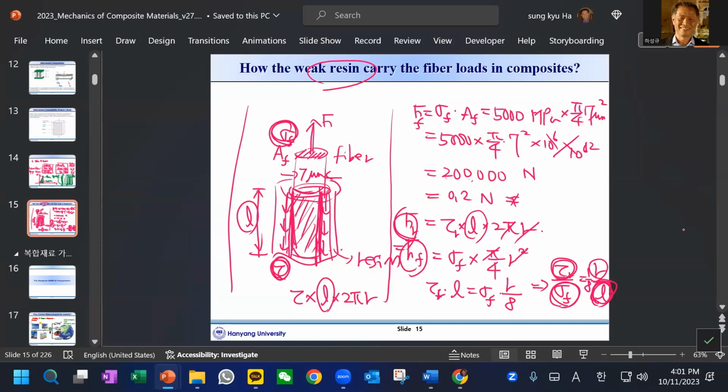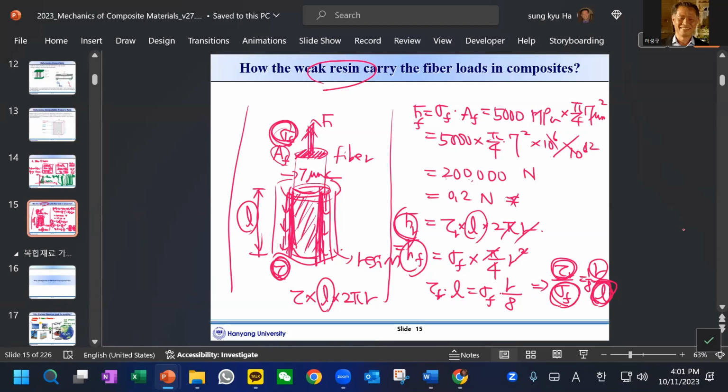Again, I briefly emphasize the fiber is very strong in fiber direction. The strong means that this is the cross section. This strength is very good, but the strength times the cross section will give a certain load. And now this load is carried by the resin, and how? Over the area of contact between the fiber and resin.